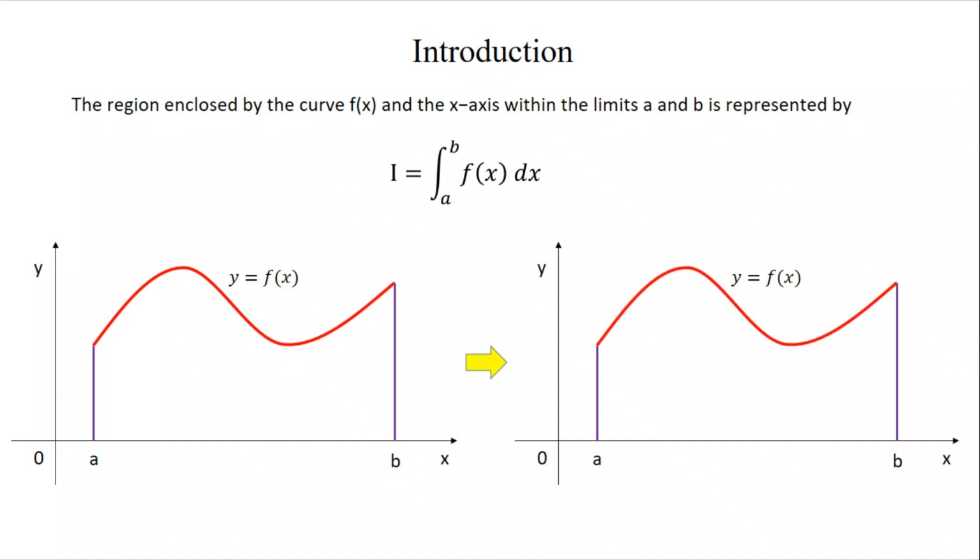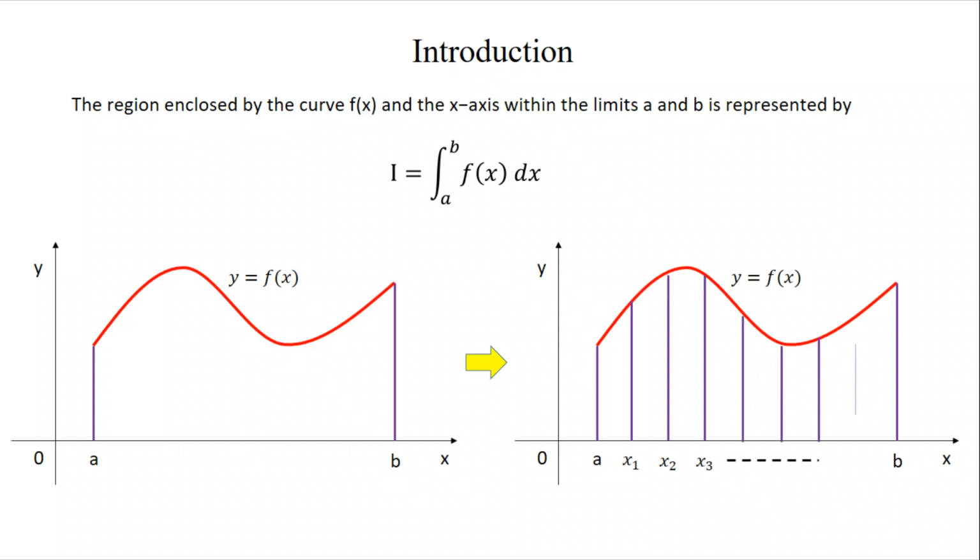So this curve is divided into small equal strips, and its coordinates are, suppose, starting from x1, the first strip, then x2, then x3, up to xn minus 1, and the end point is the b point. Start point is the a point and end point is the b point.